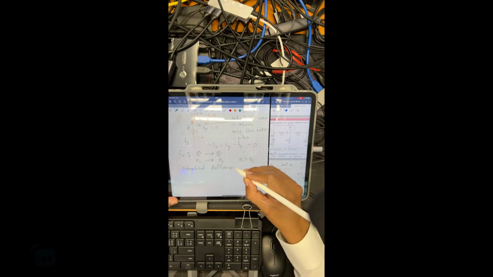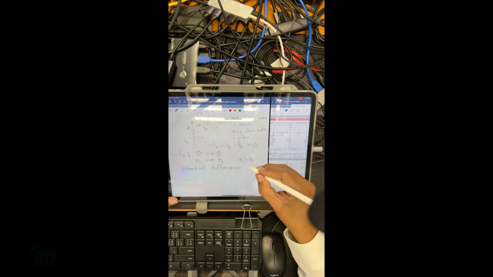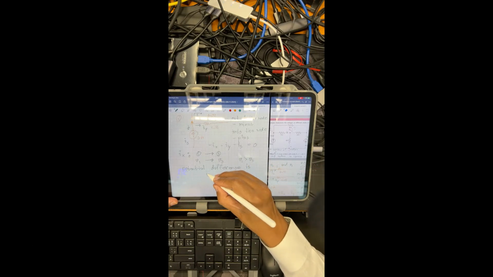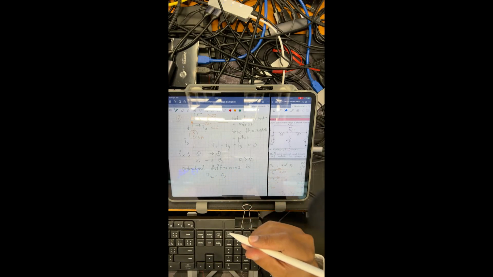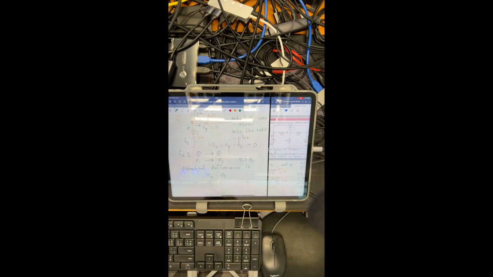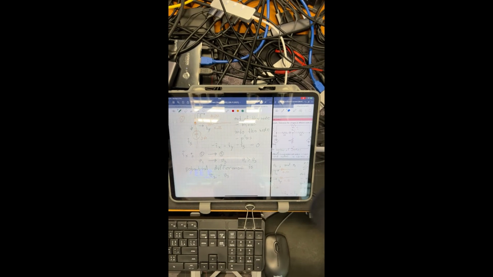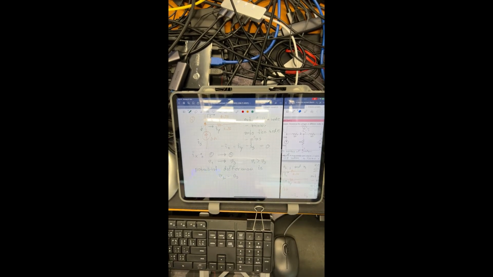or the voltage is V1 minus V3. Okay, we didn't know yet which V is greater than the other, but let's say when you assume the direction of Ix like this, it means that you assume that this node has higher potential than the destination node, which is node number 3, right?